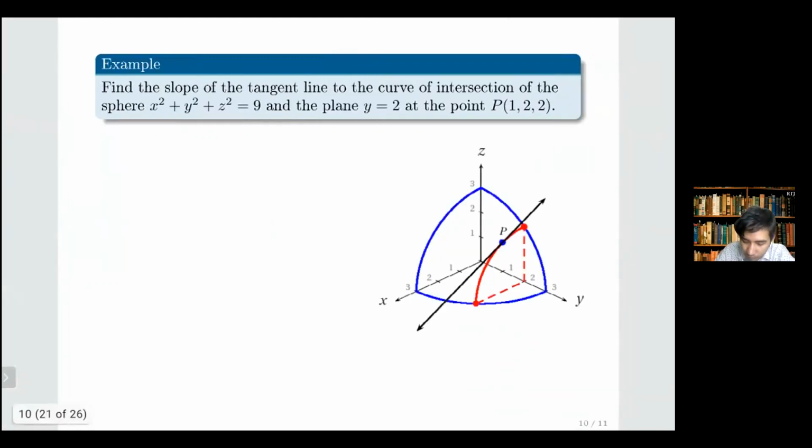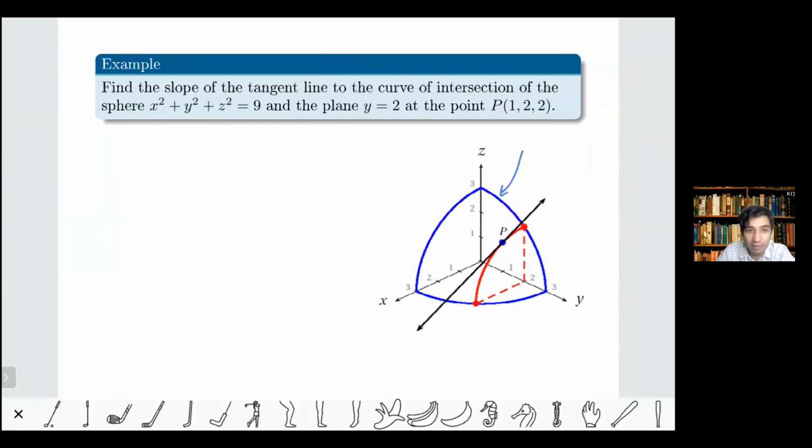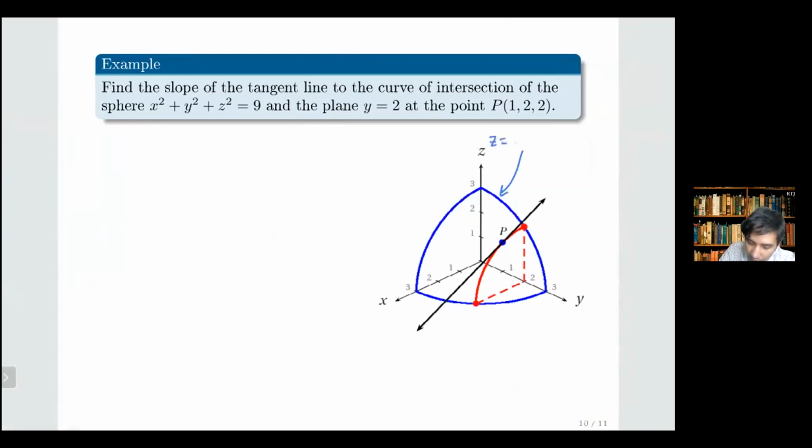Let's write it in the form z equals a function of (x, y). Since the point is on the upper part, this is z equals the square root of 9 minus x squared minus y squared. We take the positive square root because we are looking at the upper hemisphere, since the point we are considering has a positive z value.